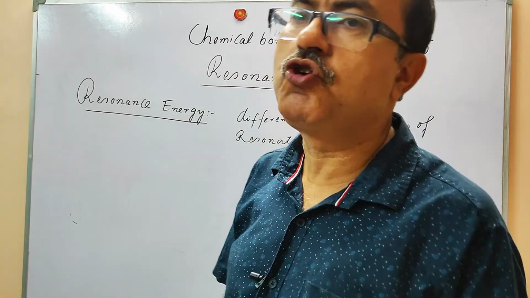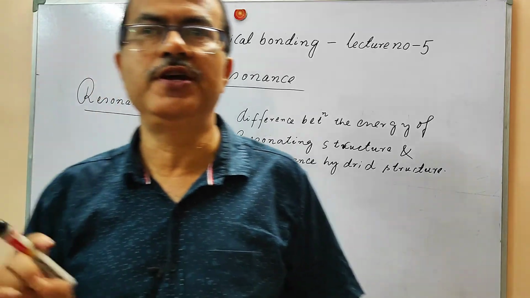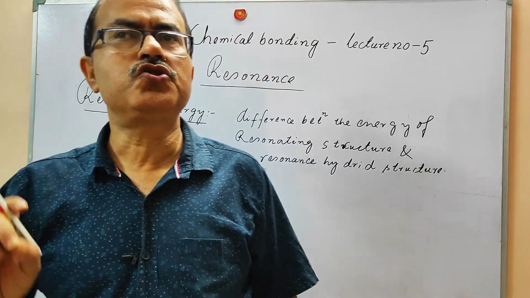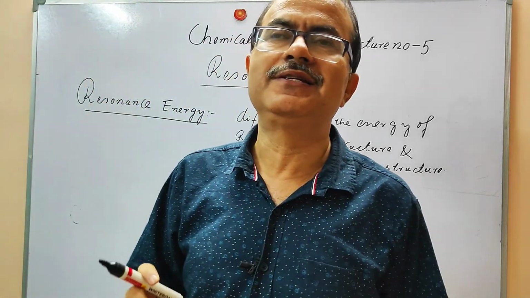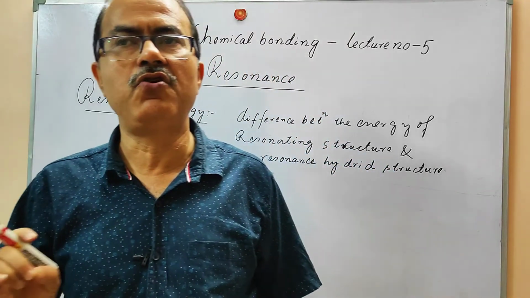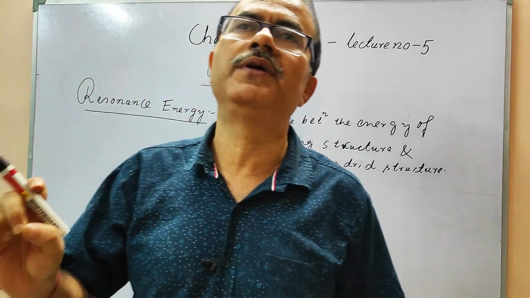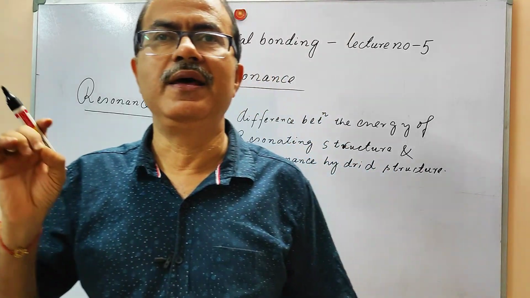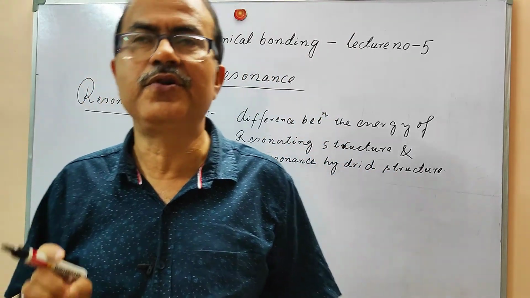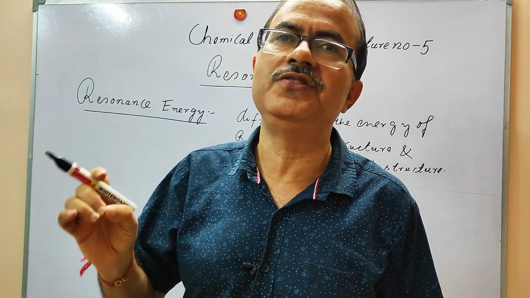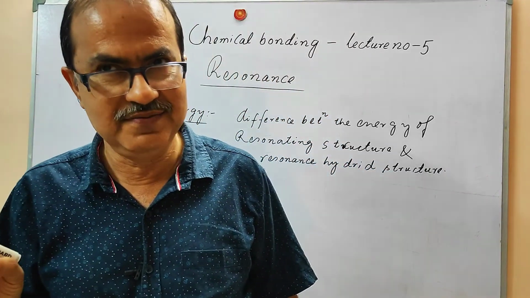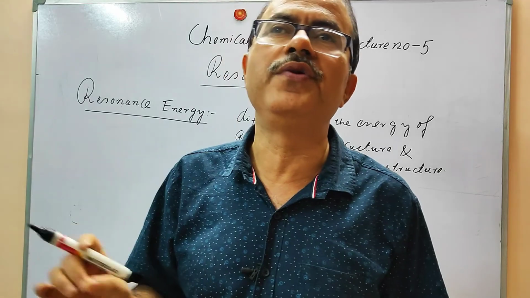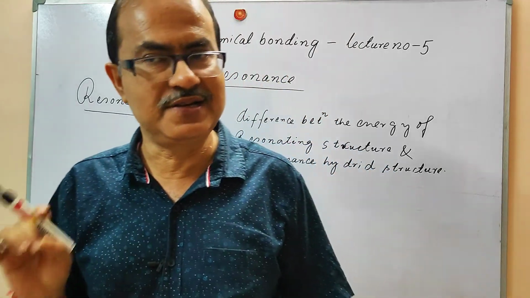But there are some misconceptions regarding resonance. Number one, all those canonical structures never exist for a fraction of time. Number two, molecules never exist in those canonical structures for a fraction of time, and there is no equilibrium between those canonical structures.